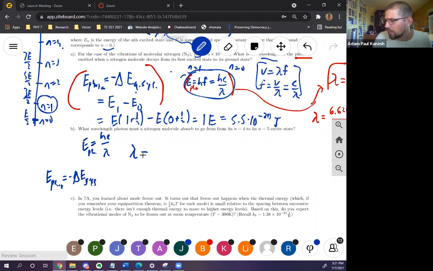I'll solve for lambda algebraically: lambda is hc over E photon, and E photon is just negative delta E of the system, which is E5 minus E4, final minus initial. I might end up with a negative number for wavelength here, but if I do, I just know to switch the sign. All good.